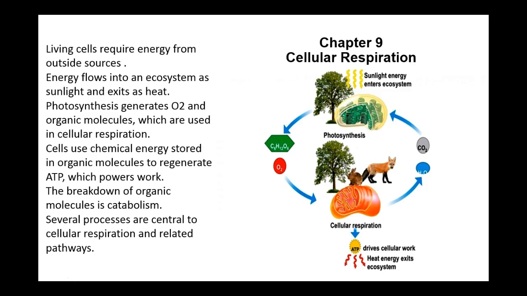They're both ways that living organisms get energy. Photosynthesis is done by autotrophs. Cellular respiration is done by heterotrophs, but they both create energy out of something that's outside of itself. In terms of photosynthesis, the source is light.